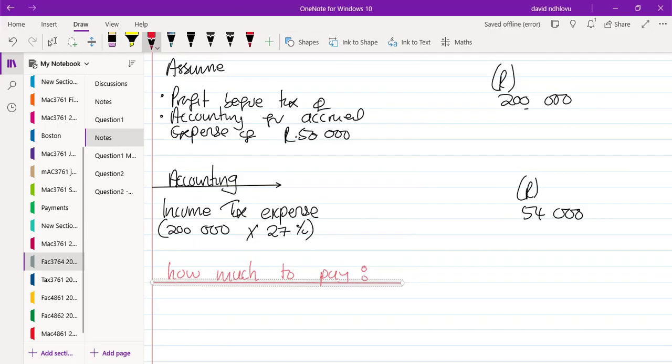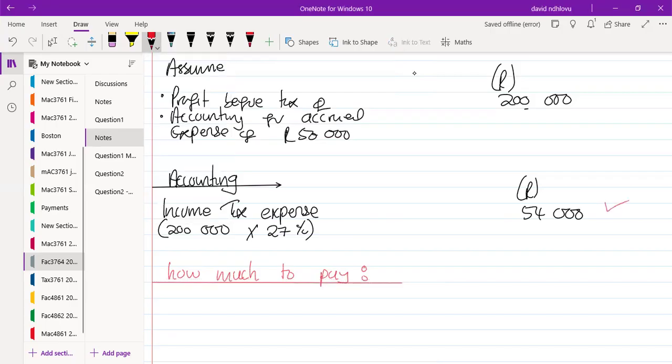Now, the amount that we've got to pay is going to be dependent. Let's check the group there. Sharp, sharp. The amount that we are going to actually pay is dependent on the principles of taxation. But when we apply the principles of taxation to determine the amount that we have to pay, we are not saying we are overwriting accounting.